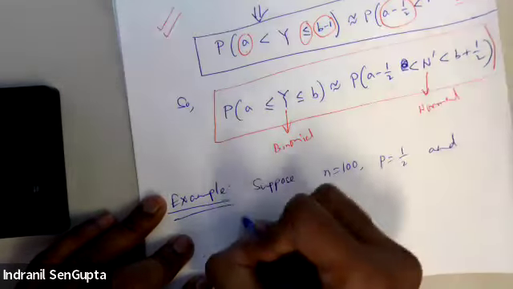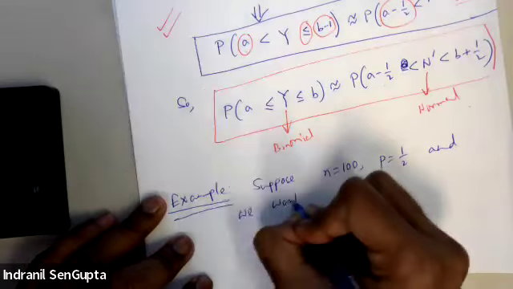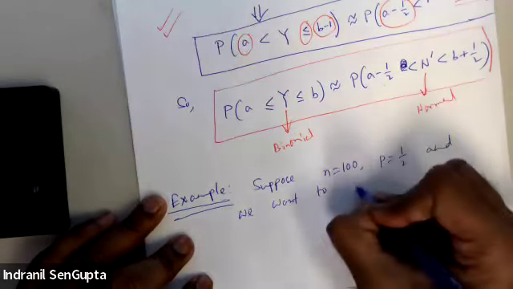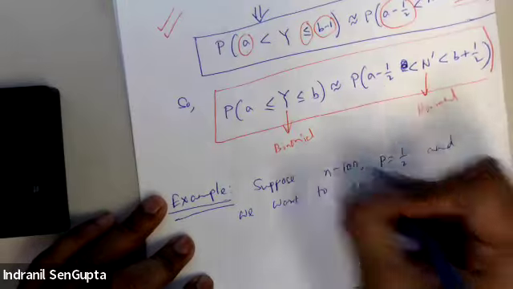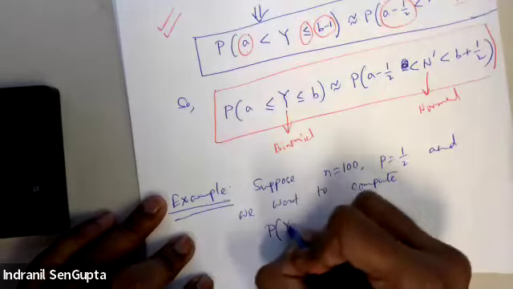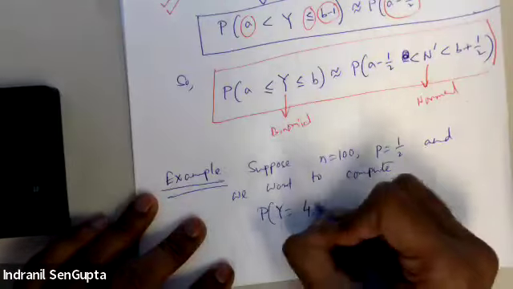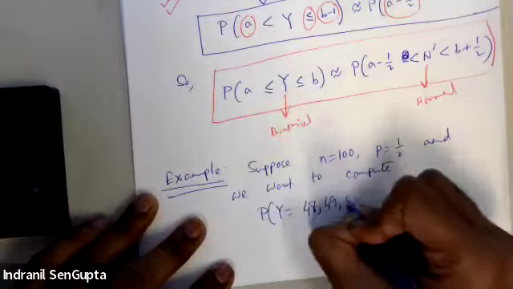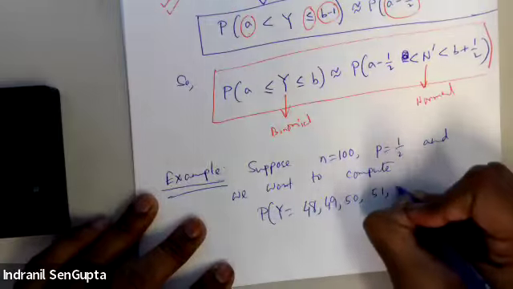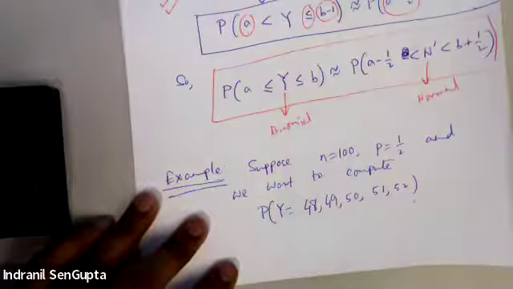And we want to compute, with the old notation, probability of y equals 48, 49, 50, 51, and 52.